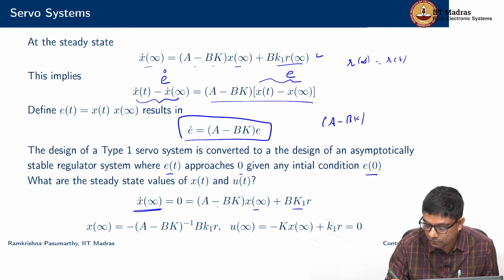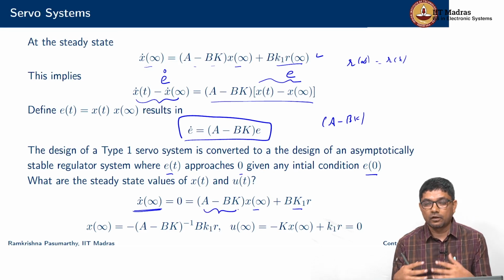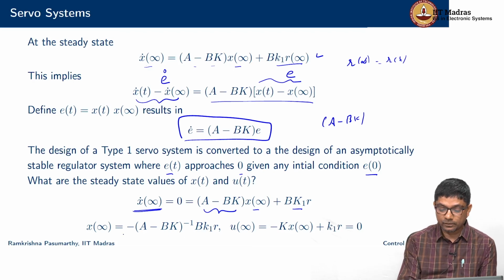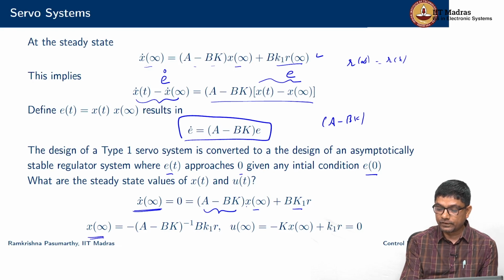Because the system is controllable and A minus Bk has non-zero poles, this is invertible. So I can write x infinity as a negative of (A minus Bk) inverse B k1 times r.